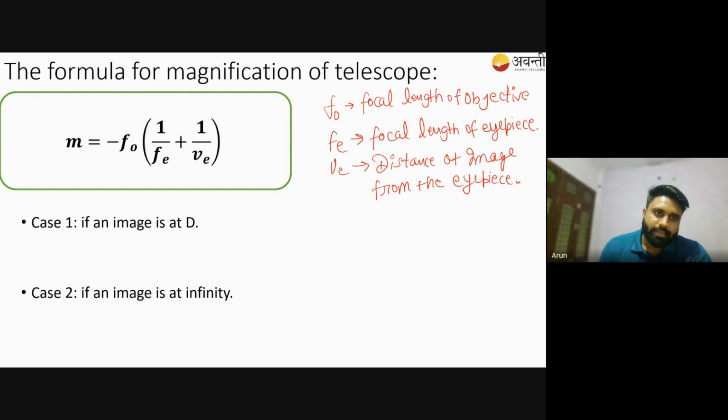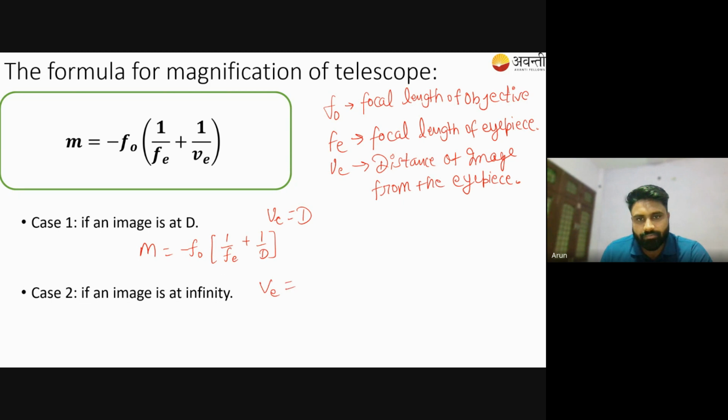Okay. In case 1, if the final image forms at D, put Ve equals D here. So m equals minus Fo (1 upon Fe plus 1 upon D). Got it? And if the image is at infinity, then Ve equals infinity.